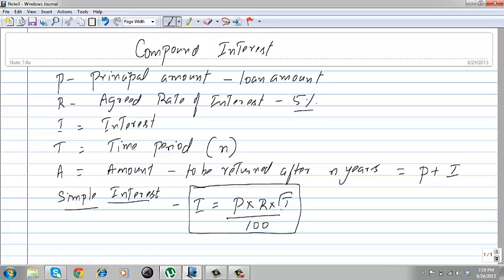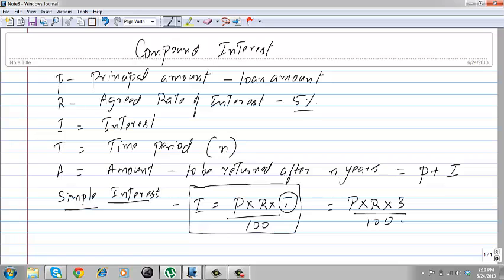We directly substitute the number of years here. This shows that the interest is common for every year and the principal will not change. So if you borrowed for 3 years, the interest for 3 years would be P into R into 3 upon 100.